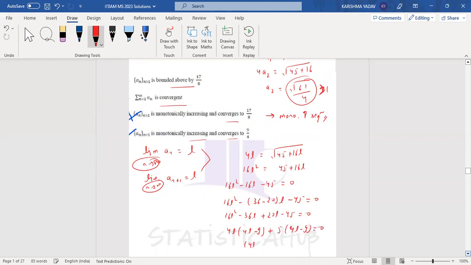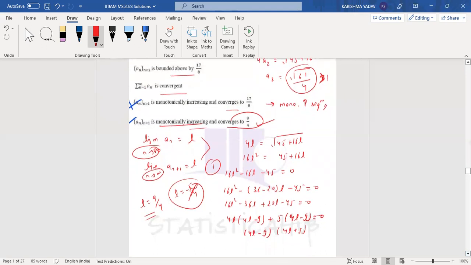So we have two roots: L equals 9 by 4 and L equals minus 5 by 4. Since the sequence is increasing and its minimum value is 1, the limit L can't be negative. So L equals 9 by 4. That is, an is monotonically increasing and converges to 9 by 4. So option number 4 is correct. This is a pretty easy question.